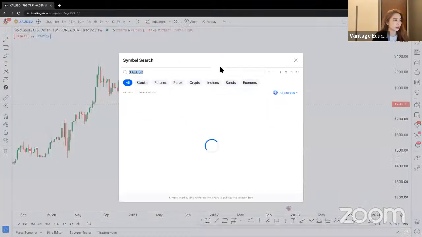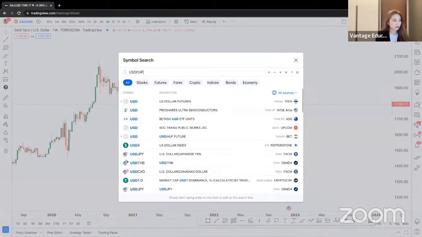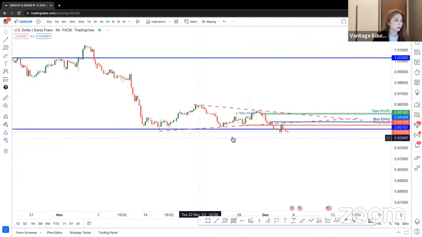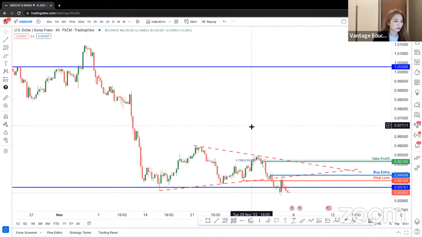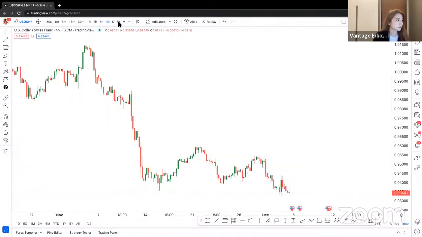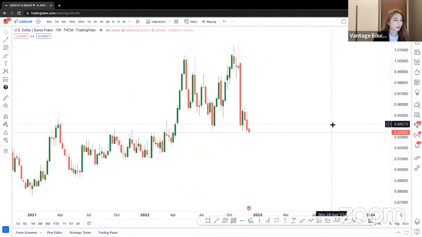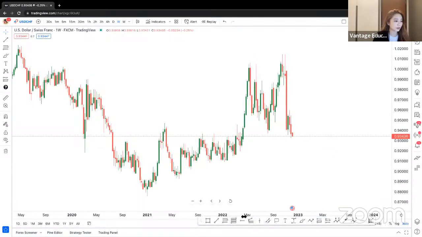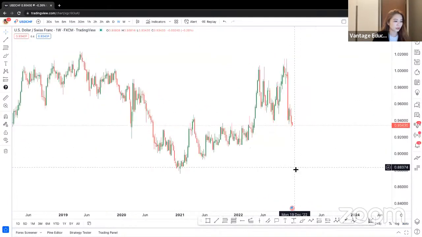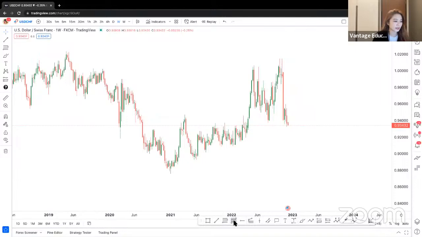Let's take a look at some of the pairs. Let's do dollar franc first. Let me just delete this. Let's start from the weekly basis, and we can see that there is a certain drop over here, very obvious.